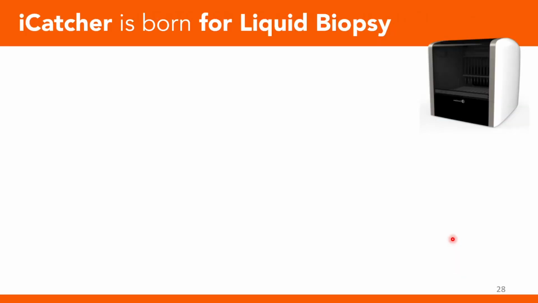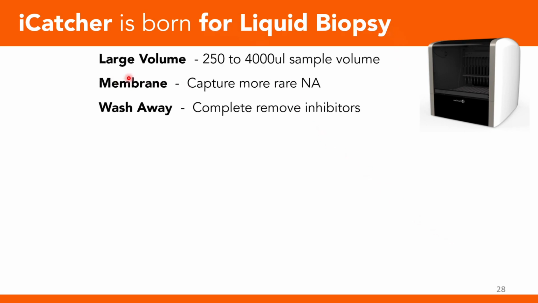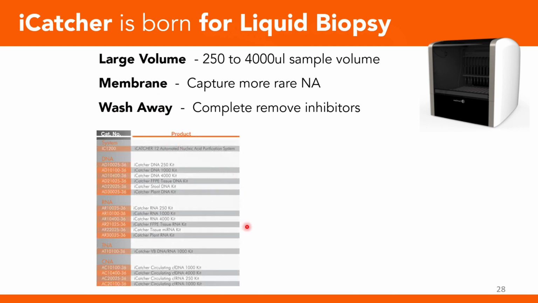Okay, so to summarize my part of presentation, iCatcher is born for liquid biopsy, and we can handle large volume from 250 to 4,000 microliter. We are membrane-based, we wash away. And actually, we not only can handle liquid biopsy, we also can purify normal genomic DNA from whole blood, also can purify RNA from blood or even from plant sample.